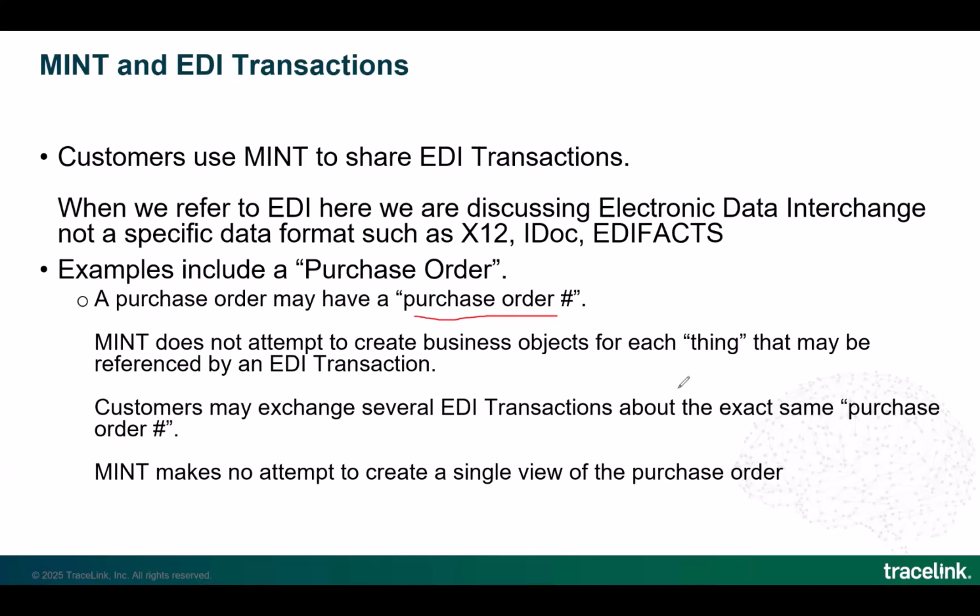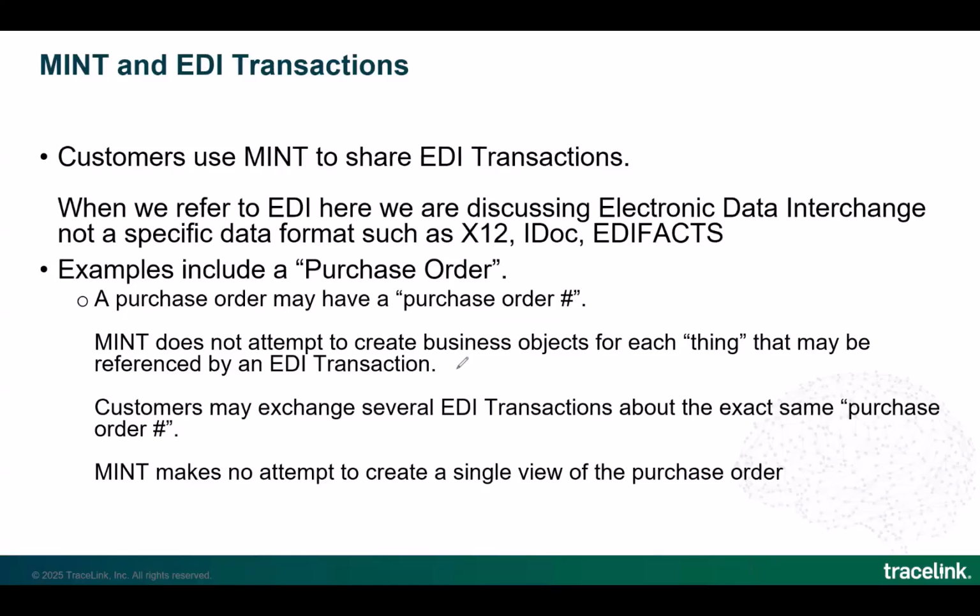Now, what might happen is customers might start sending multiple transactions with the same purchase order number. Which might not be a practical use case, but they can certainly do so, right? So you can send the same purchase order number and you can send multiple transactions based on that.